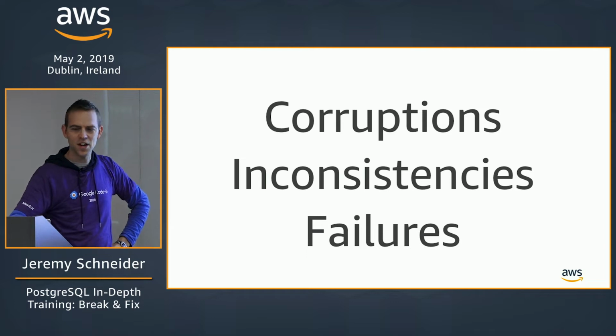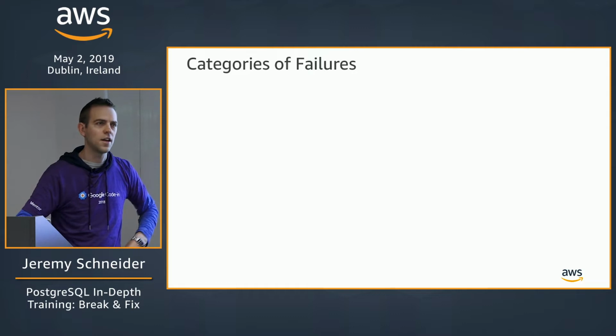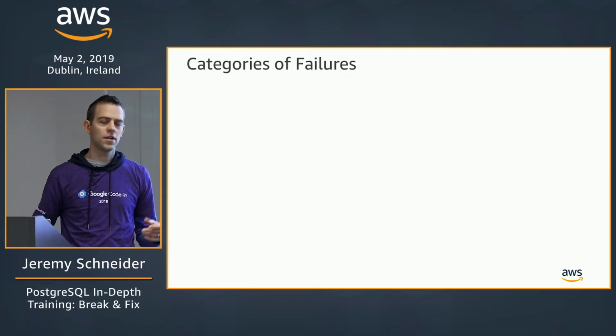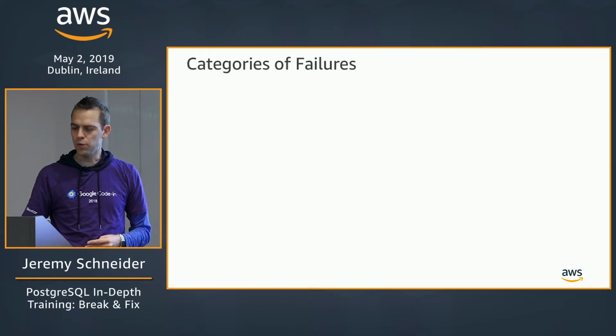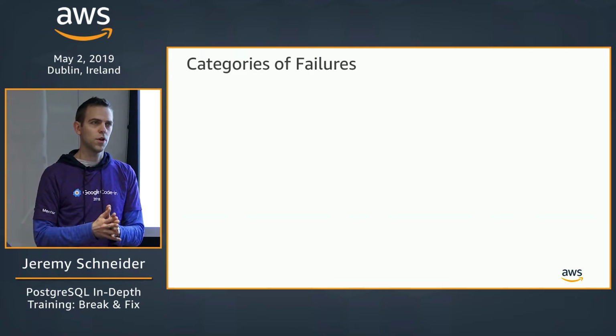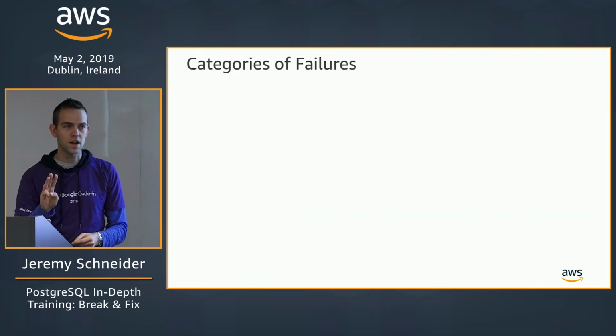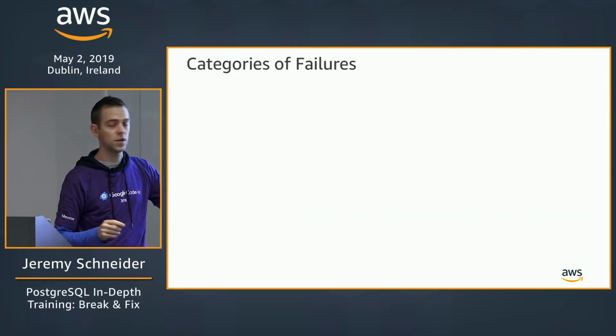It happens. When we think about failures in Postgres, I find it helpful to break them down into 3 large categories. When we think about a database in general, there are 3 jobs the database has that are really important, and these are in order.